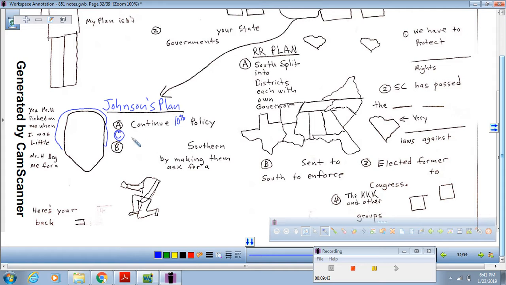By Johnson's time, the 13th Amendment had been passed, and he required that southern states hold a convention and officially ratify the 13th Amendment, recognizing the end of slavery.